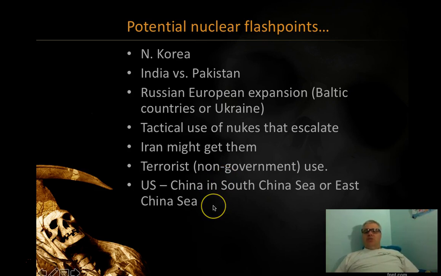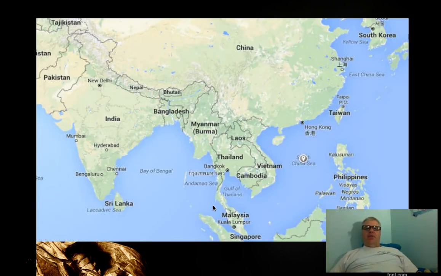Another potential flashpoint would be a conflict between the US and China, potentially in something like the South China Sea or East China Sea, where both of these militaries are claiming the ability to use those spaces. The US says this is international waters, and the Chinese say, no, it's Chinese waters, and there are a lot of potential conflicts that could arise there between the US and China, which, of course, are both nuclear-armed powers.